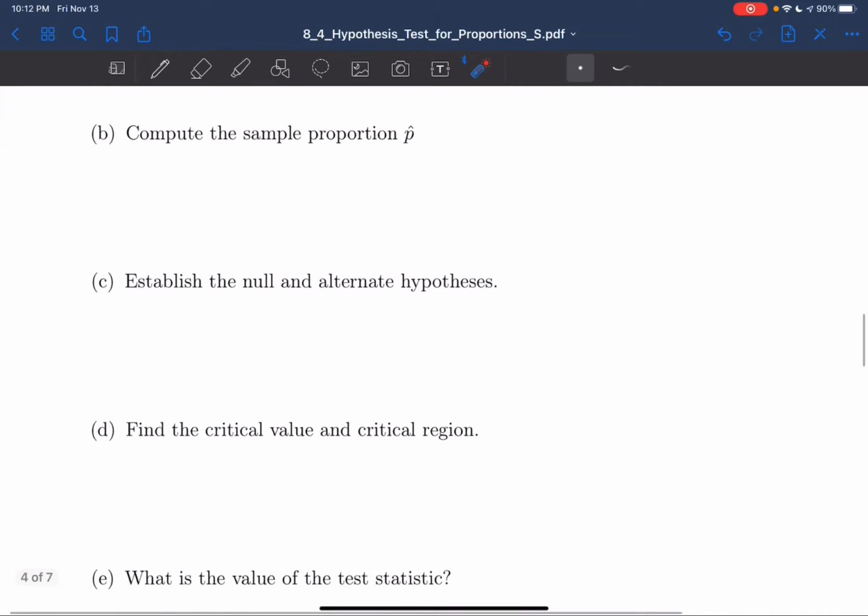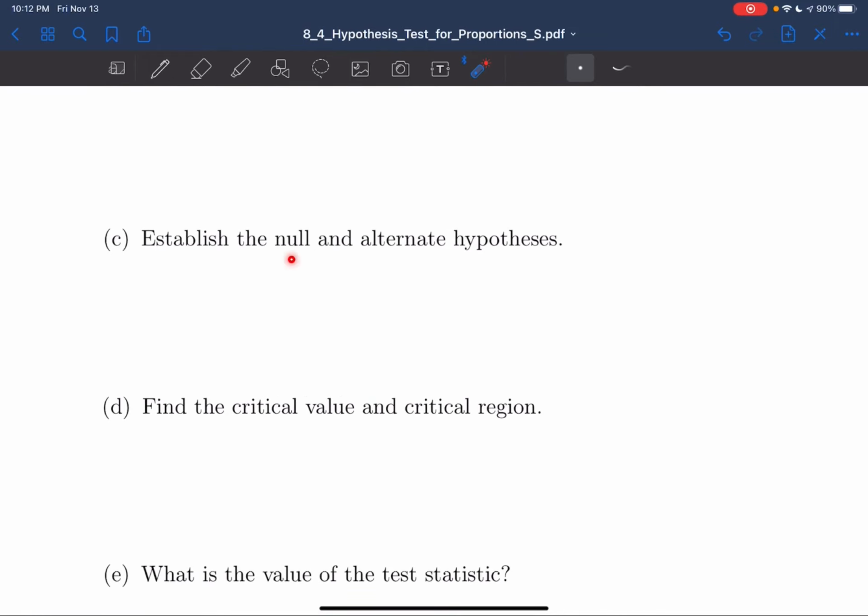So maybe we should start with writing down the null and alternative hypothesis, H naught and H1. This is our null hypothesis, and this is our alternative hypothesis. Here we know that our null hypothesis is going to be p is equal to some value, and the alternative is either going to be p less than, greater than, or not equal to some value.